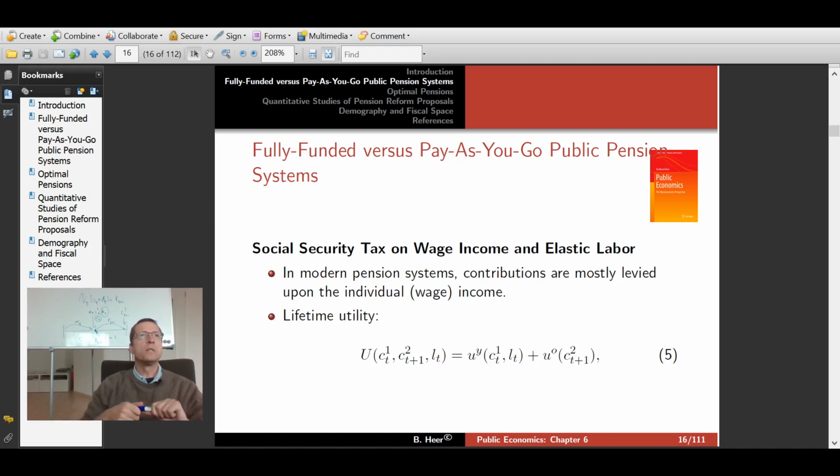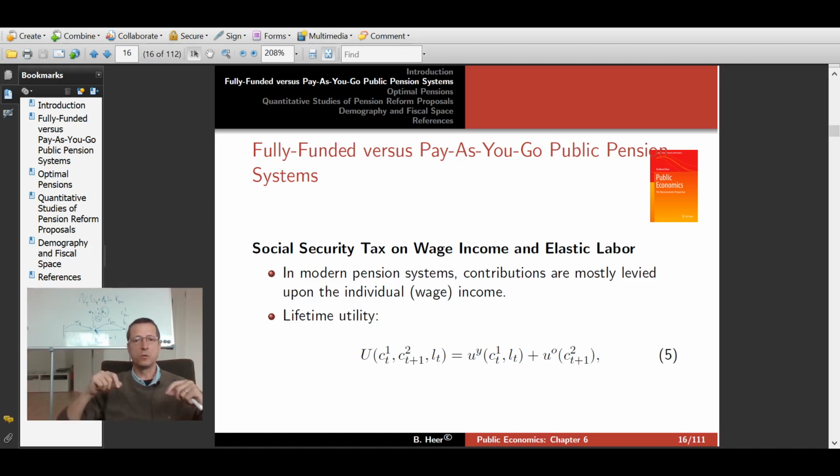Now you may wonder, is it always the case that a fully funded public pension system does not have any effect on our allocation? Usually this pension contribution is not a lump sum component, but it's a tax on your labor income. And we know from chapter 5 on income taxation, if we have a tax on our labor income, we have a so-called tax wedge.